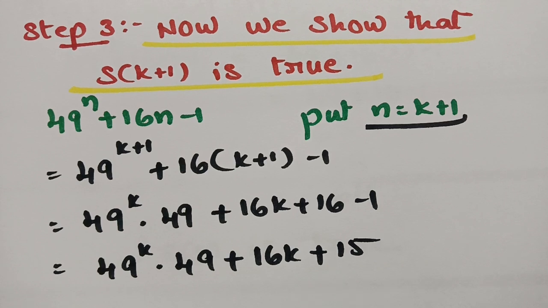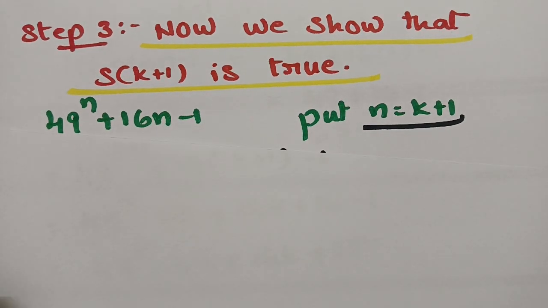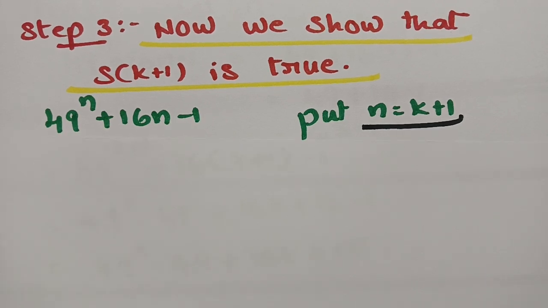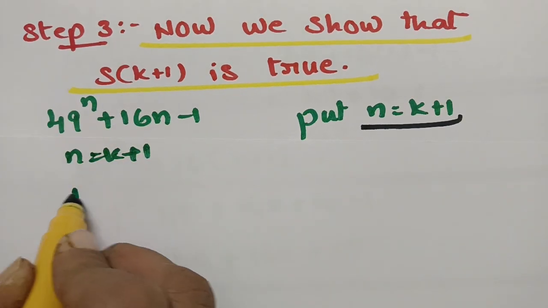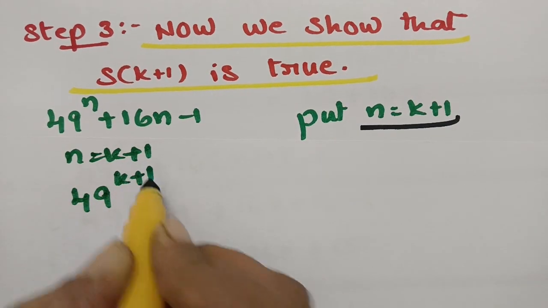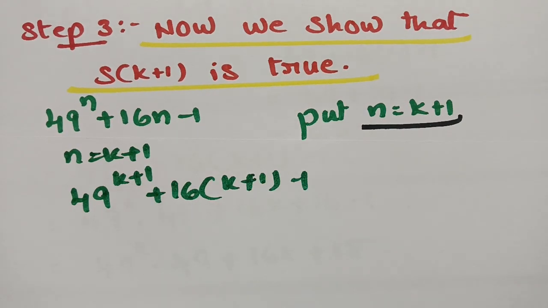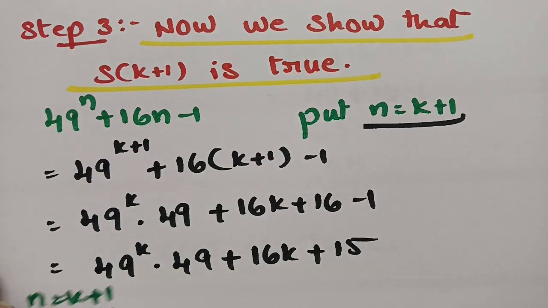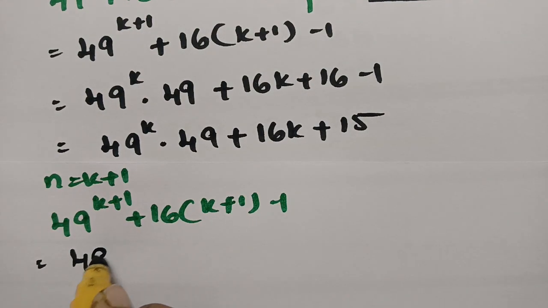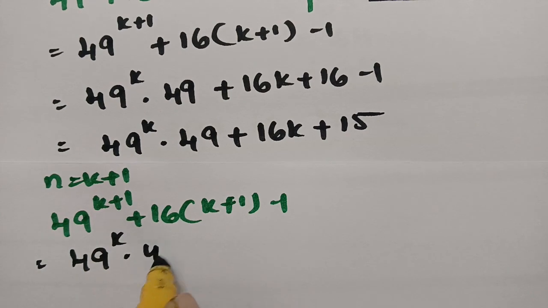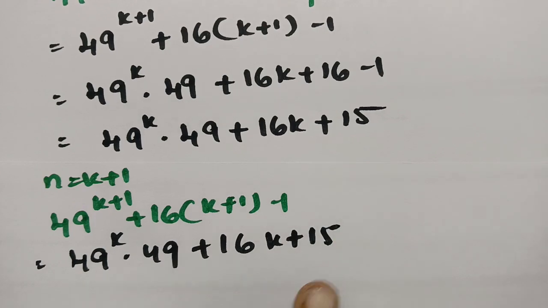Clear? We started from the statement after putting n equal to k plus 1, that is 49^(k+1) plus 16 into (k+1) minus 1. So we got 49^k into 49 plus 16k plus 15.